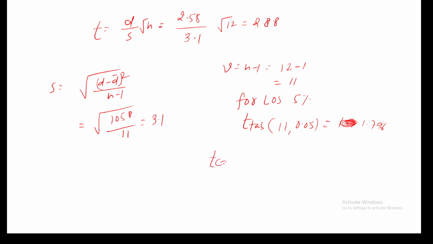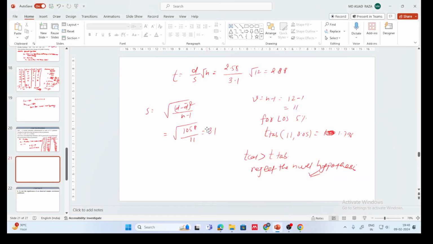So t calculated is greater than t tabulated. So we have to reject the null hypothesis. No problem. Now we'll go with the next one.